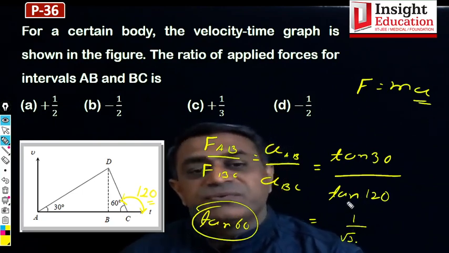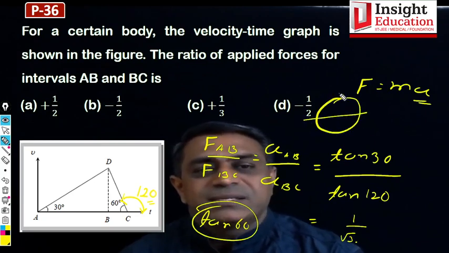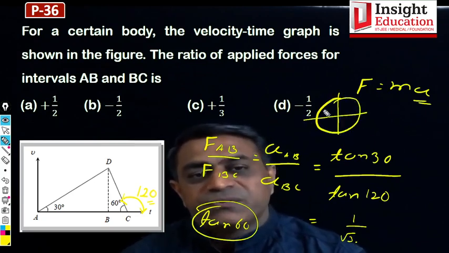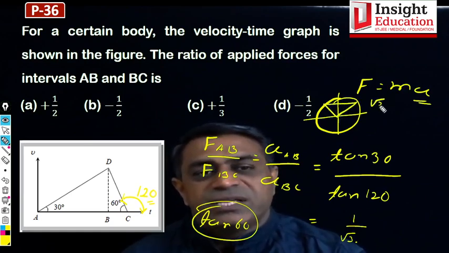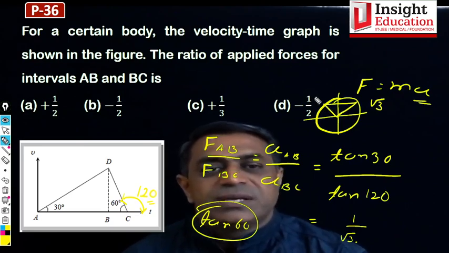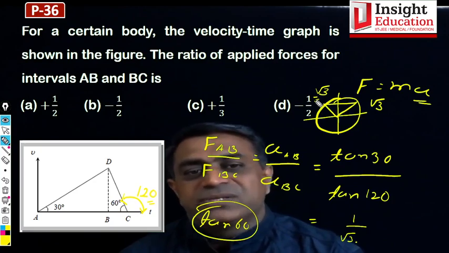So tan 120. Now if you have gone through the mathematics in physics, for a 120 angle you have to observe at 60. So tan 60 is root 3. Here it is minus root 3, because in the second quadrant the tan function is negative.